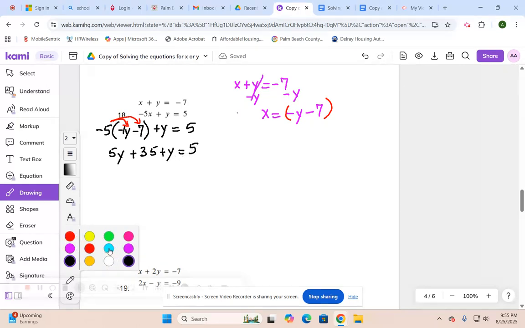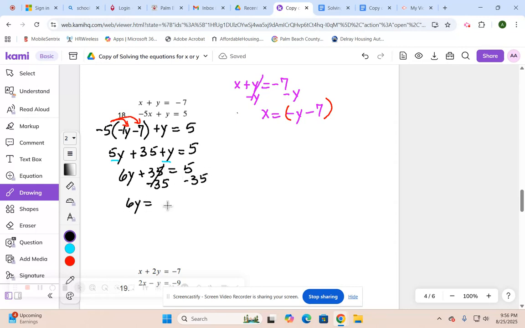Okay, you see we're going to combine these like terms, 5y and 1y, to give us 6y plus 35 equals 5. We're going to subtract 35 from both sides. So 6y equals negative 30. We divide by 6, and y equals negative 5.